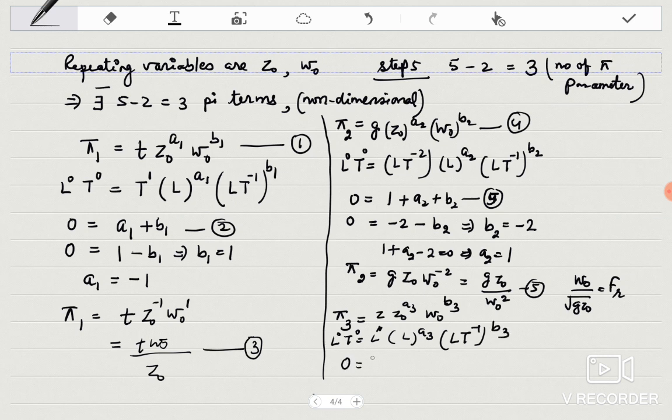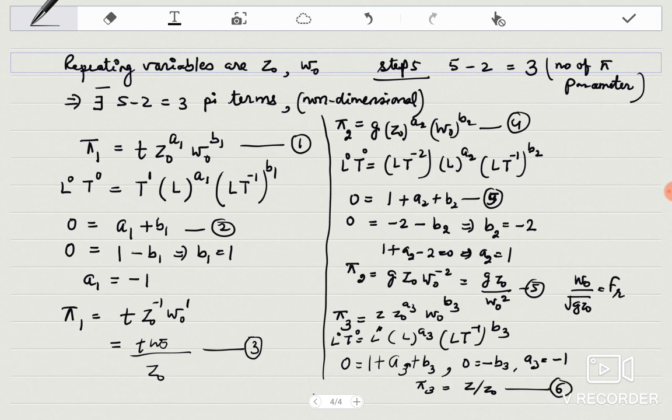Comparing, 0 is equal to 1 plus a3 plus b3, and 0 is equal to minus b3. So in this case b3 is 0, and solving, your a3 will be minus 1. So last number pi 3 is equal to z and z naught raised to the power minus 1. So I am writing z upon z naught. This is the next number.